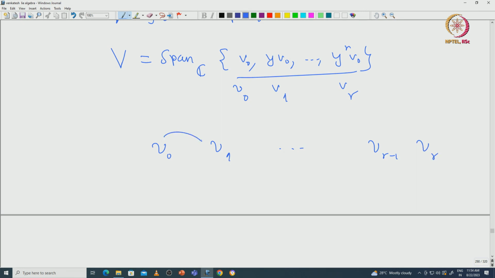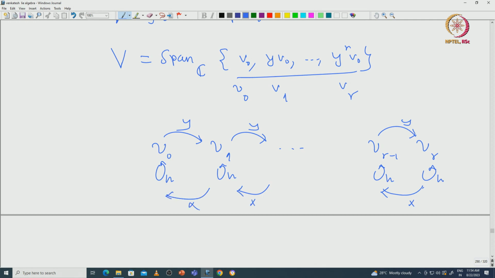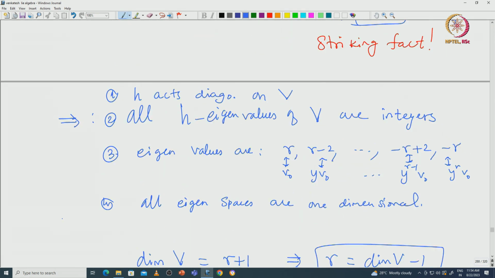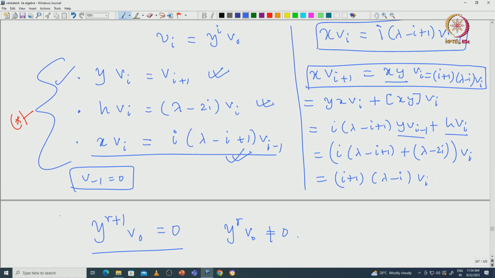So, y basically maps one step up, okay, and then h maps into itself, and x is actually mapping the other way. So, this is how the entire action is given. Okay. So, you can read it from this table. All the actions of y, h and x are very explicit on this basis.